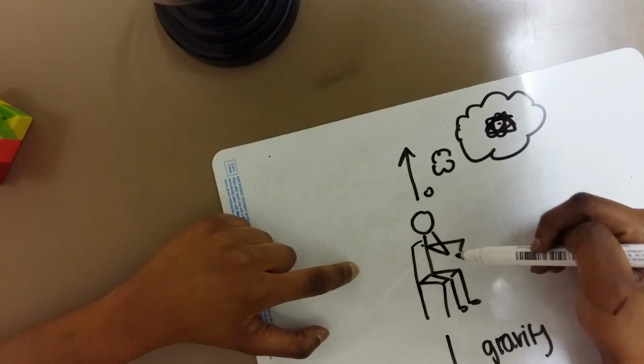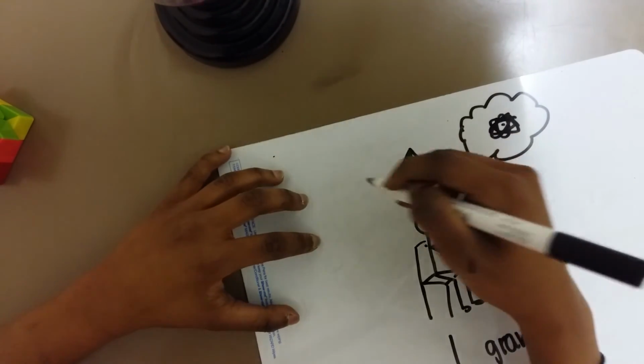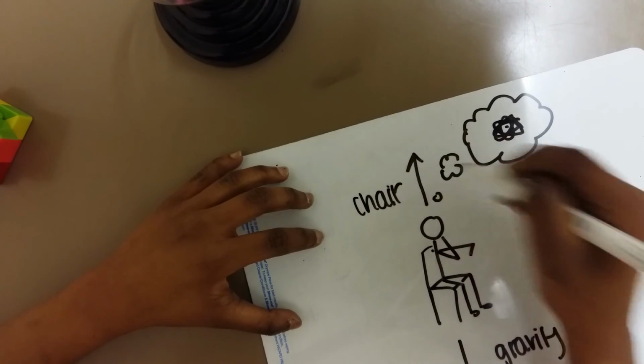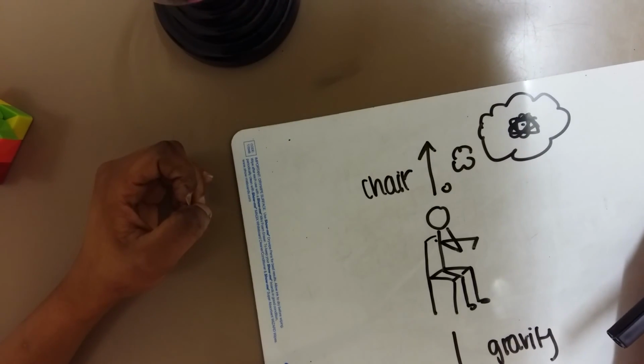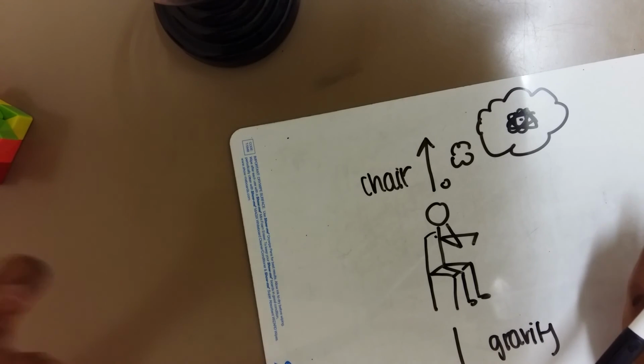The same force of gravity that Earth is pulling on you, you are pulling upwards on the Earth. So this is the chair force, or the force between you and the chair, which is a weird thought, that you're pulling up on the Earth as much as it is pulling down on you.